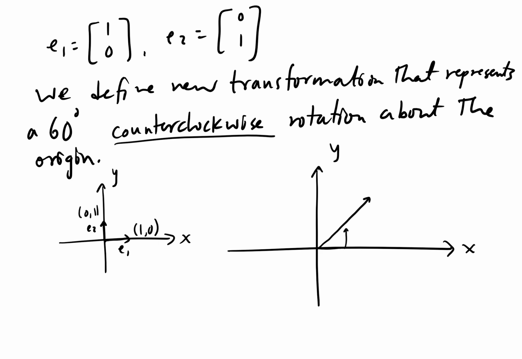So E1 goes up here by 60 degrees. If you drop a height down here, what happens? This is 1 here, and this 1 became up there.